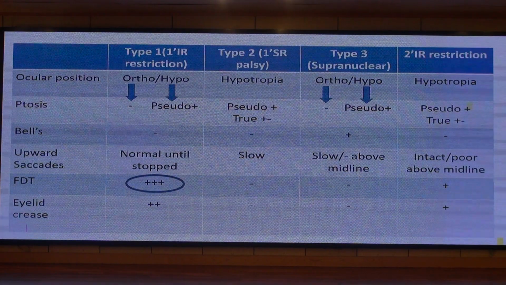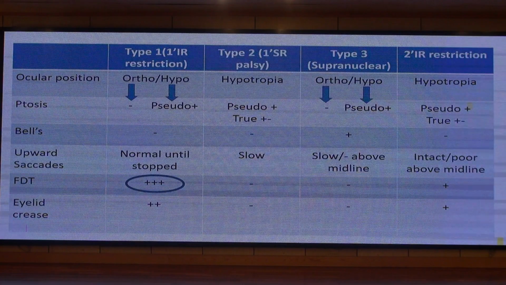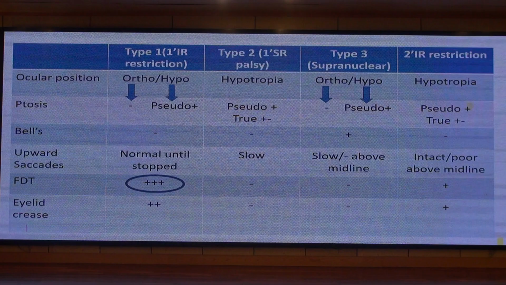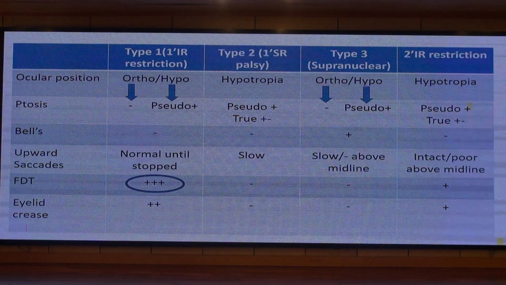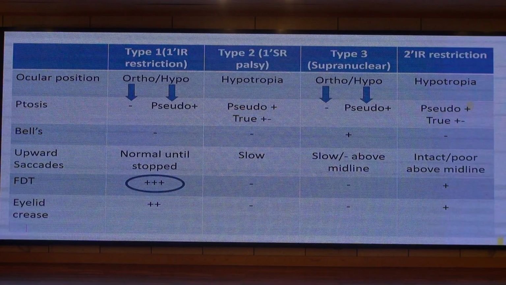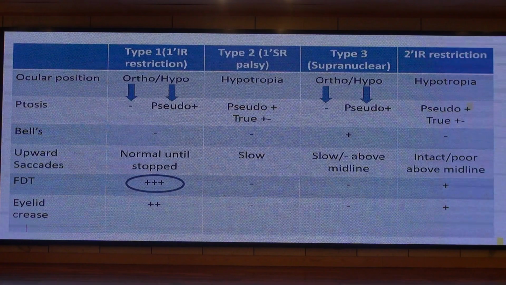This table presents the difference between the types. In type 1, the forced duction test demonstrates a tight inferior rectus. The upward saccades are usually normal, and Bell phenomenon is usually poor.